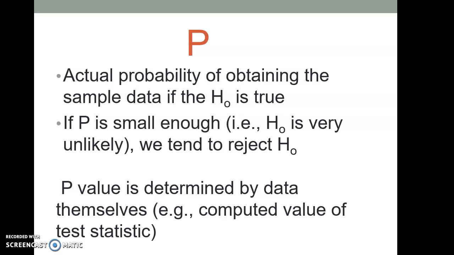An alpha value cutoff is always, at least in social sciences, 0.05. So that means a p-value greater than 0.05 represents a non-significant result. A p-value less than 0.05 represents a significant result.